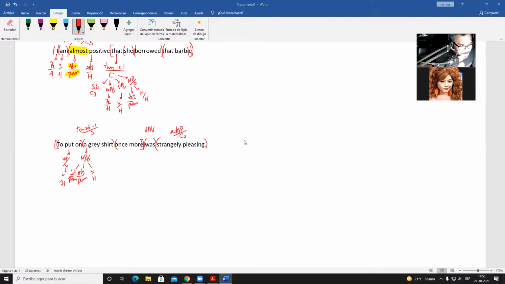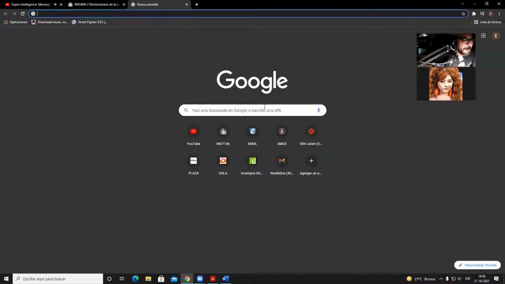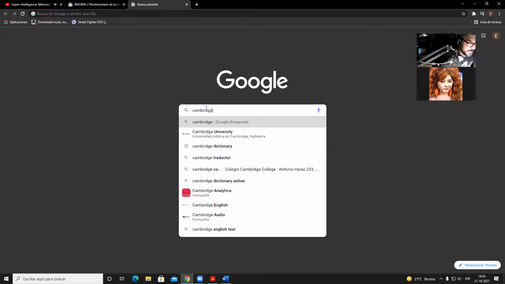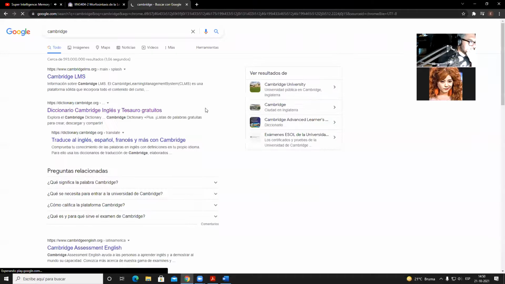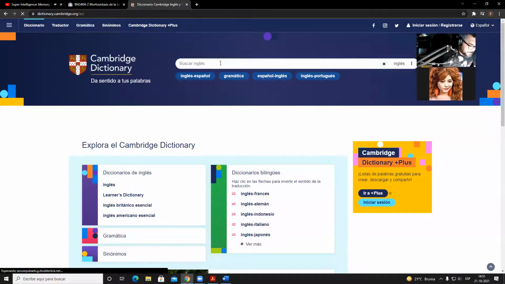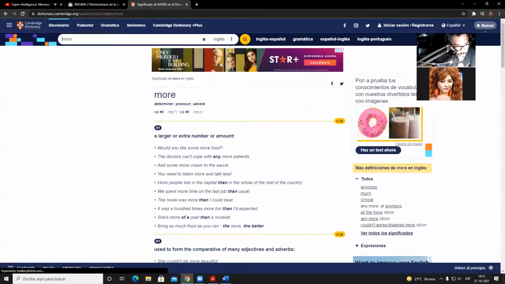I think once is a determiner, but more is an adverb. Okay, let's see what's going on. More can be a determiner, a pronoun, and an adverb.